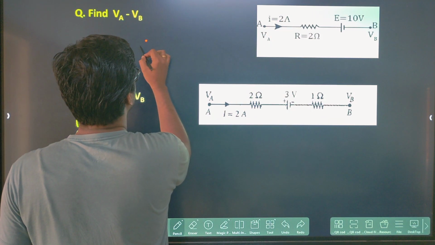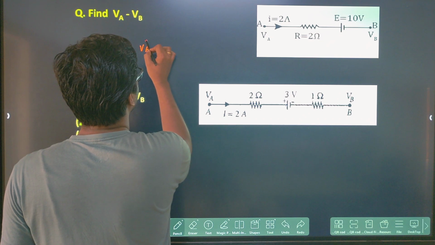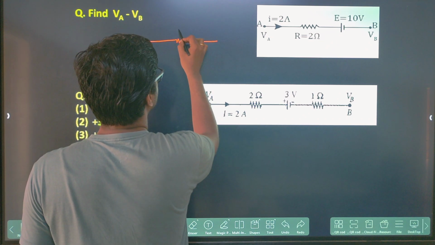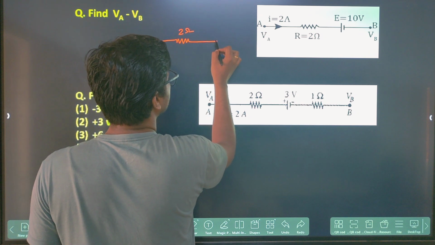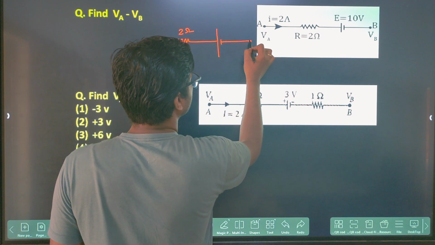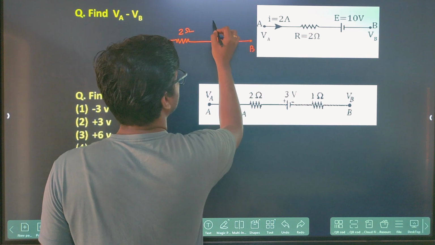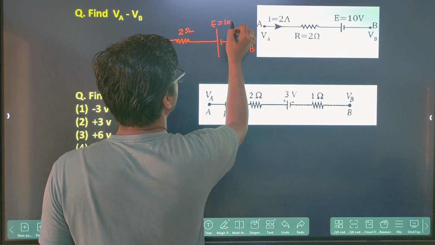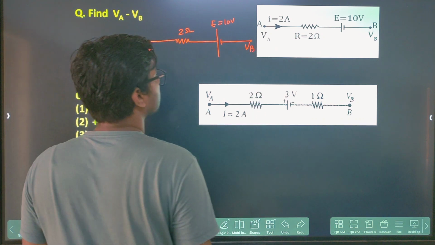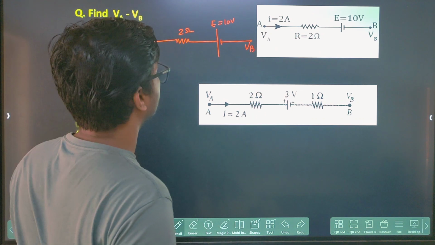This is your VA. This is a 2 ohm resistor, and there is a cell connected. This is B. They have given E equal to 10 volt. This is VB here.